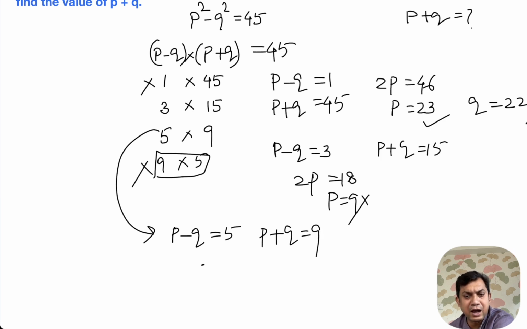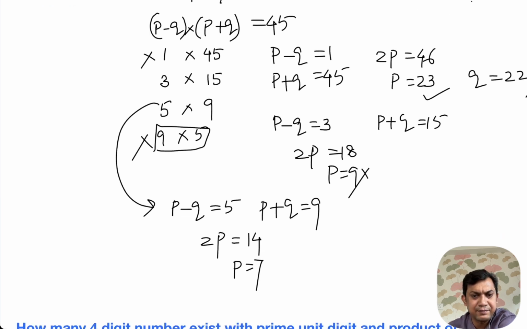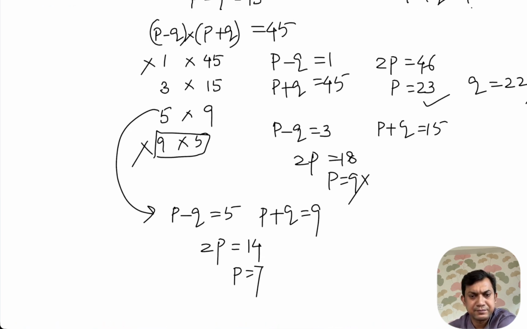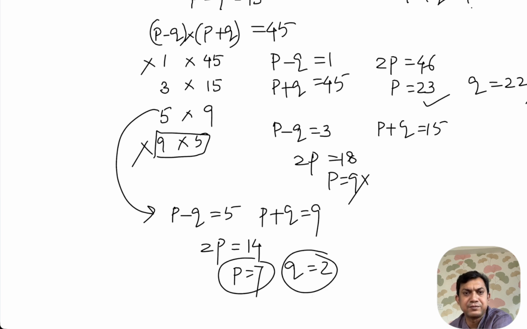If you add, I get twice P to be 14. I get P to be 7. P equals 7 is clear. Now if I put P as 7, I should get Q to be 2, because the sum should be 9. Here both are prime numbers. So the question was, what was P plus Q? P plus Q is 9, that is the answer.